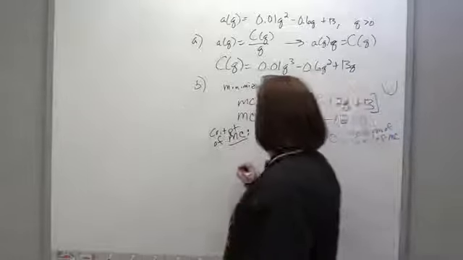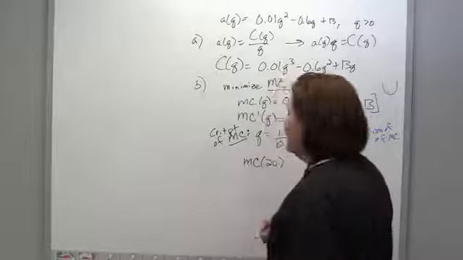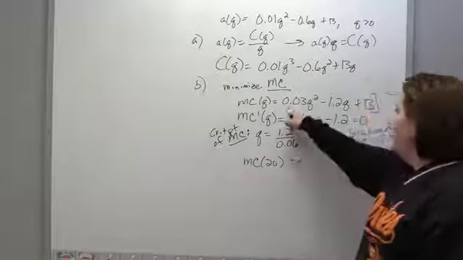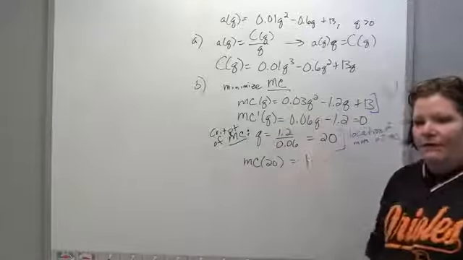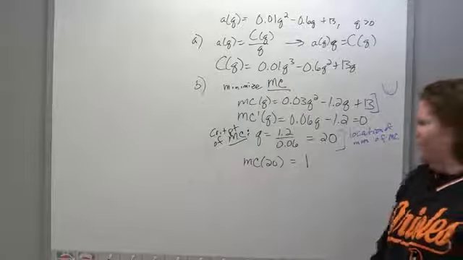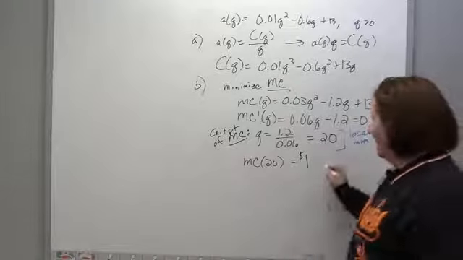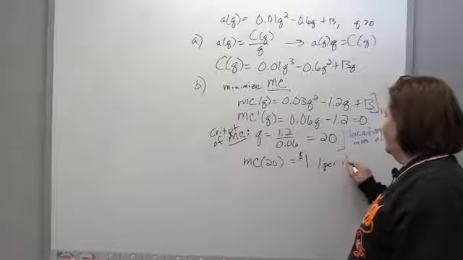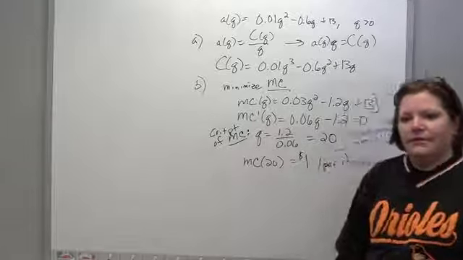So the minimum marginal cost, we have to plug 20 into our marginal cost. And plugging it in there, we get $1. $1 per item. That's what the units are on marginal cost.